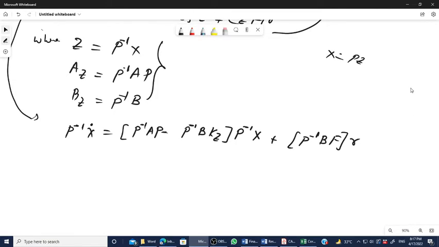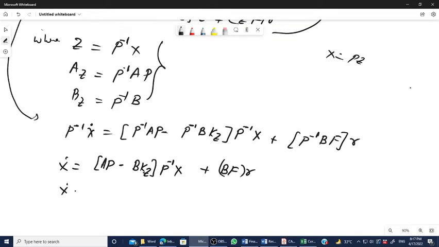When you solve, you get x dot, because P inverse cancels, so it will give (AP minus BKz) P inverse x, because P inverse cancels, plus BF into r.